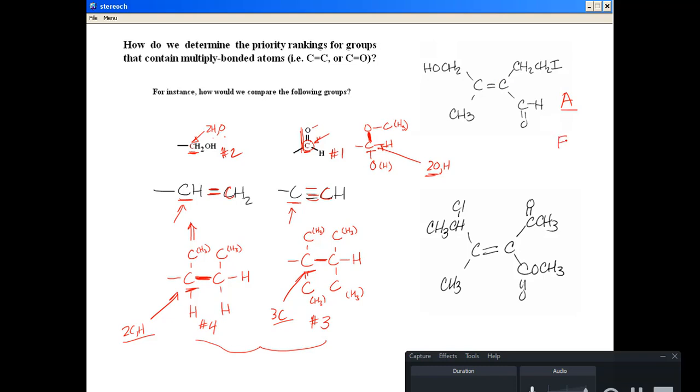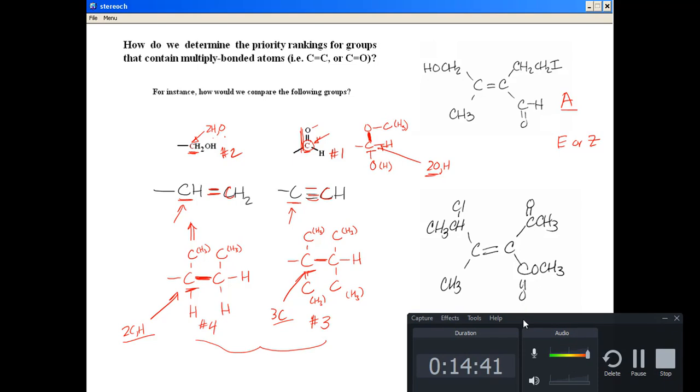Is this E or is this Z? When the video stops, you can work that problem out, and then we'll come back and see if you got it right or not. Remember, these are participation, not necessarily exactly getting it correct. So what is A? Is A E or is it Z?